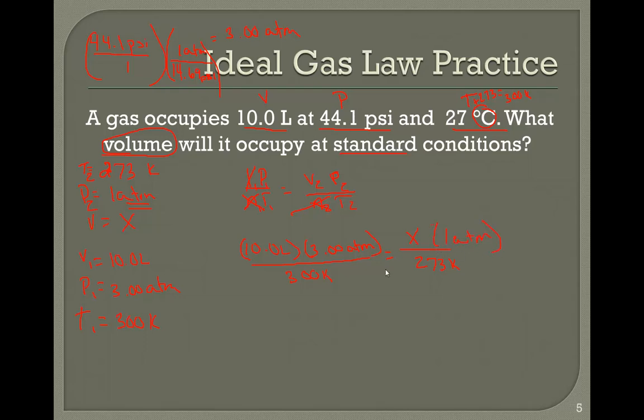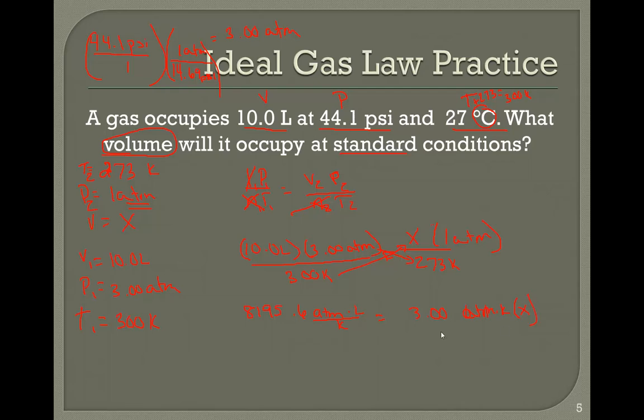Cross multiply, and then we're going to divide. So that comes out to be 8195.6 atm liters Kelvins is equal to 3.00 liters atmospheres Kelvins, and we're looking for X.